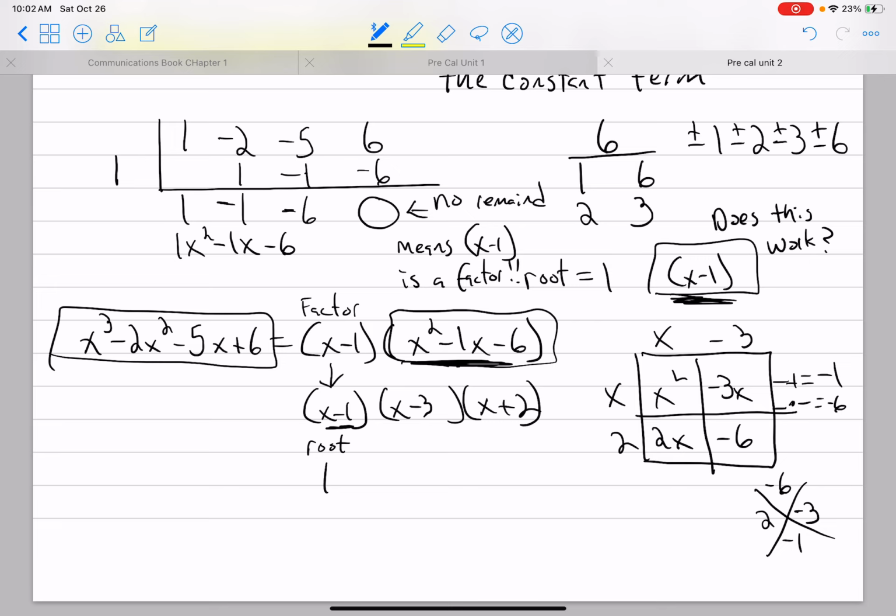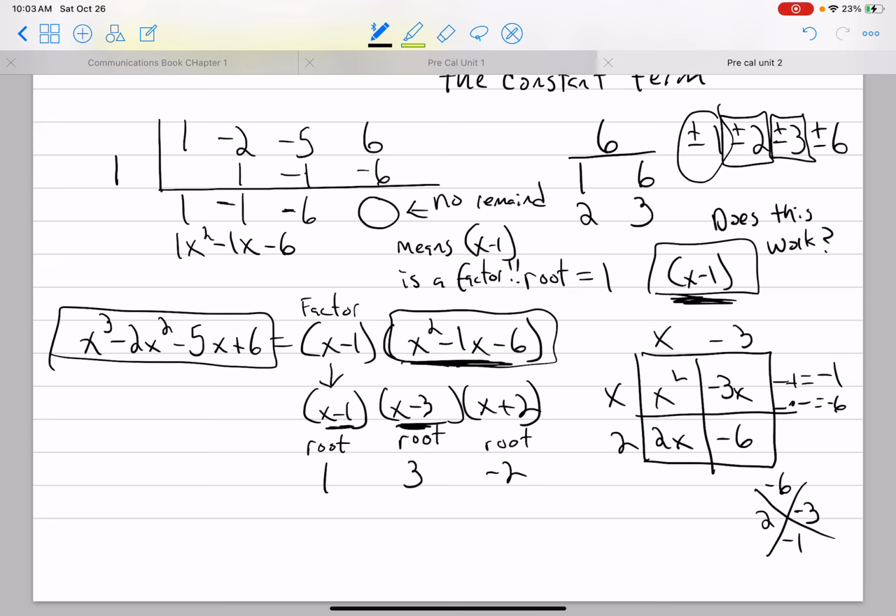Remember we said my options were positive and negative 1. Well, there's the positive one. This one has a root of 3. Remember we said either positive or negative 3 has to be a root. And this one has a root of negative 2. Oh, negative 2 was one of my options. Notice in this one, there's no 6, so none of the 6's would have worked.